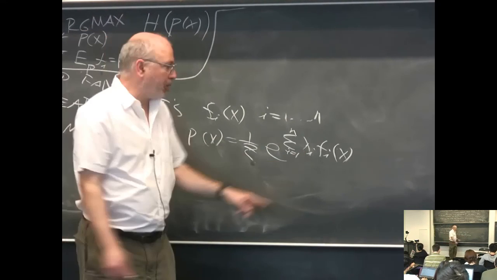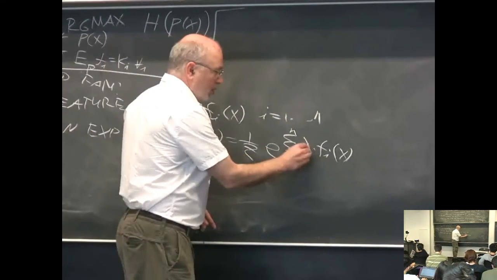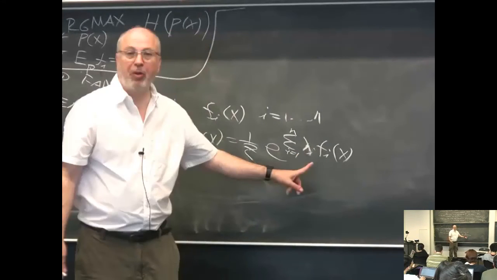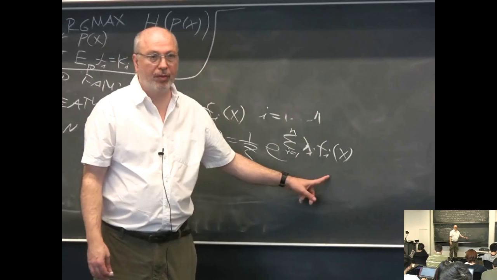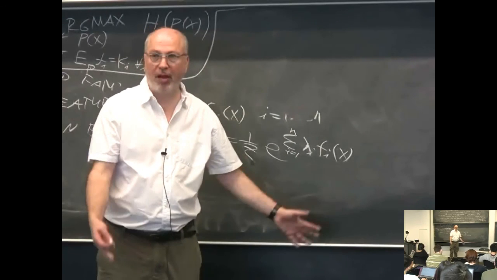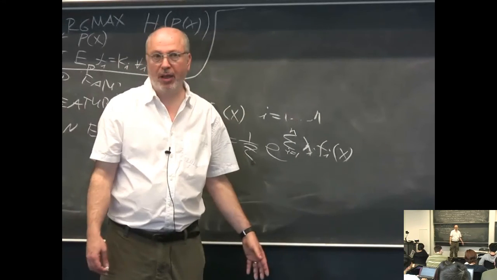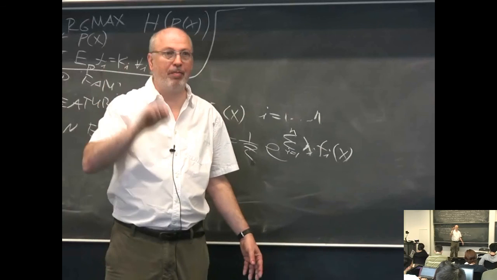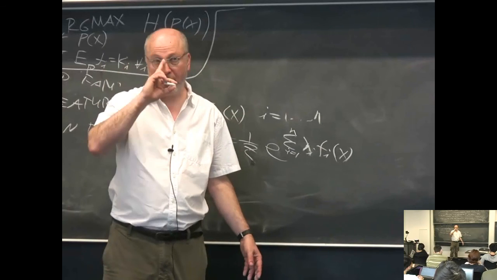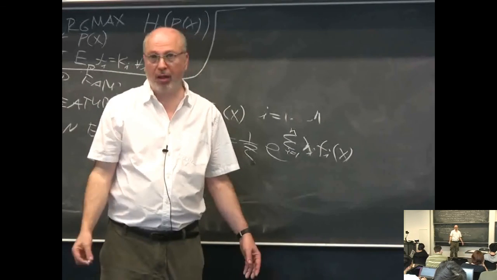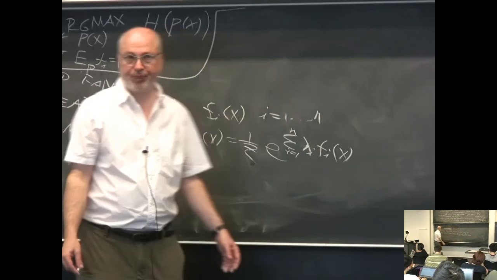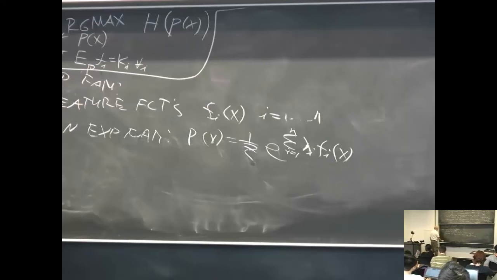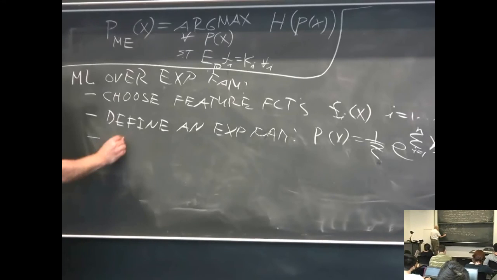And these are the parameters. As you vary the parameters, you get a different member of the family. So you define that family and you say, I want to live in this family. Now, how am I going to find a particular member of this family that I want? Well, I'm going to take some training data, and I'm going to maximize its likelihood. So the next step here is get some training data.